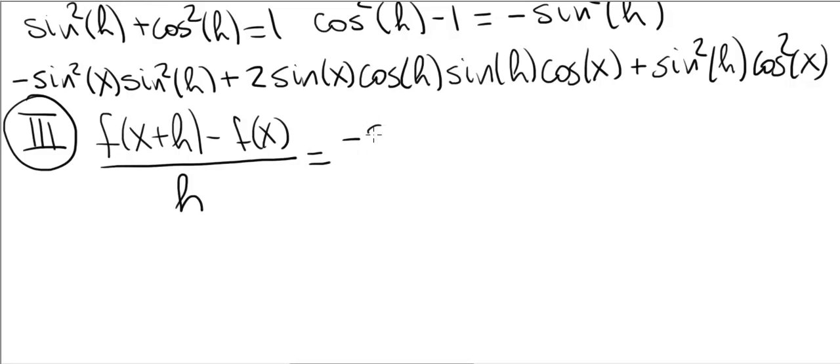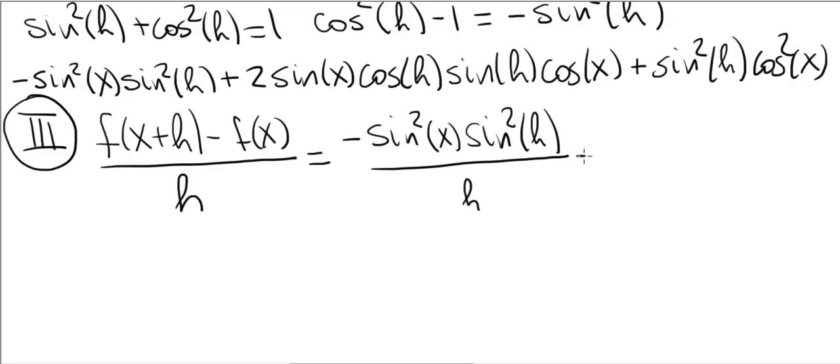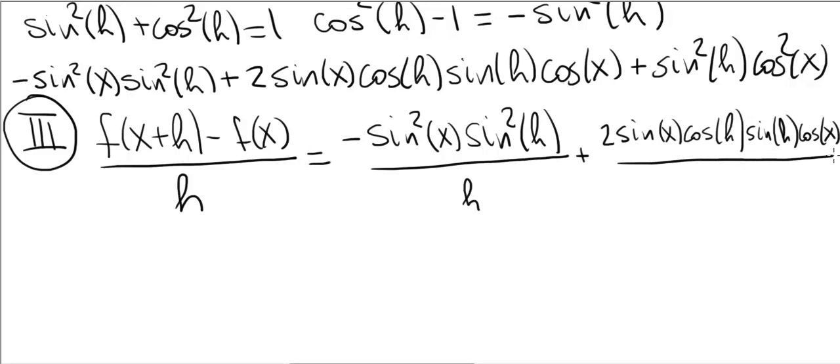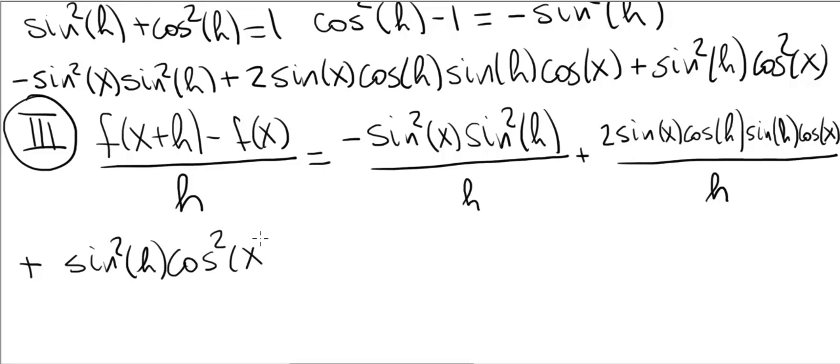So this is minus sine squared of x times sine squared of h divided by h, plus twice sine of x cosine of h sine of h cosine of x, also divided by h, and then plus sine squared of h times cosine squared of x divided by h.